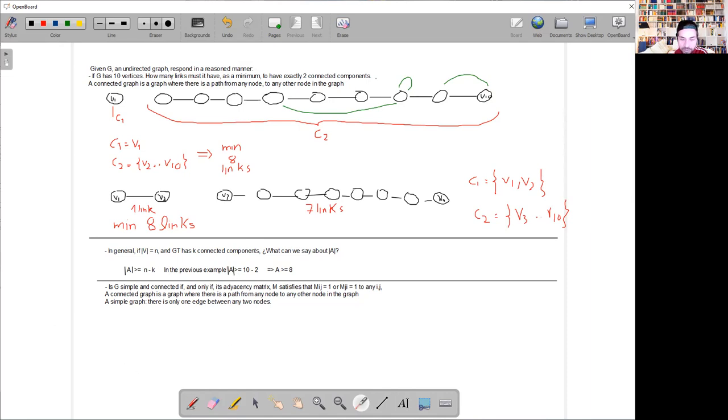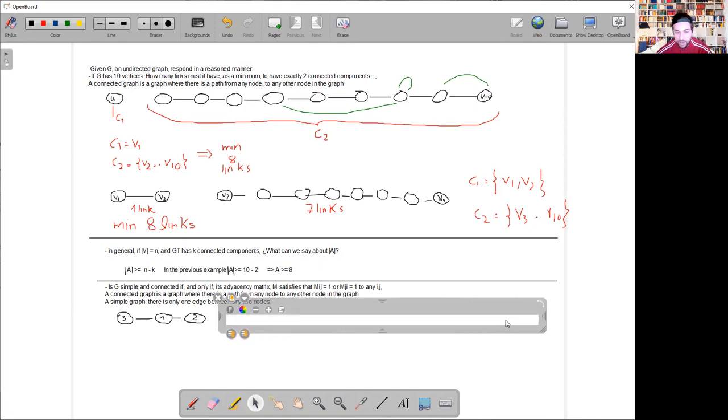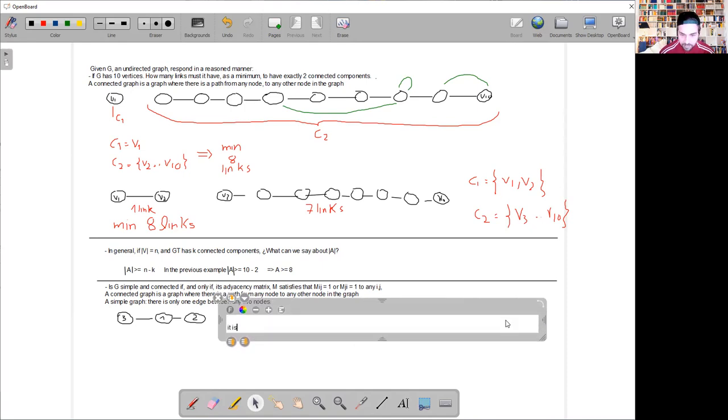So let's put a simple example here, right? If we have this graph, for instance, right, we can say that it is not true.